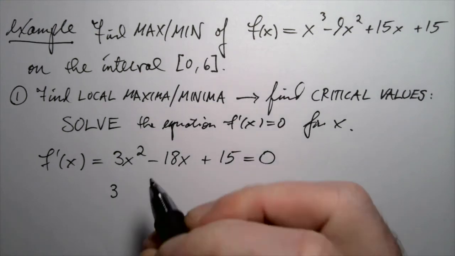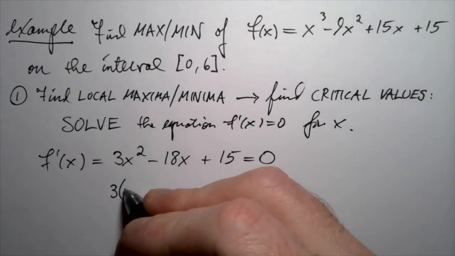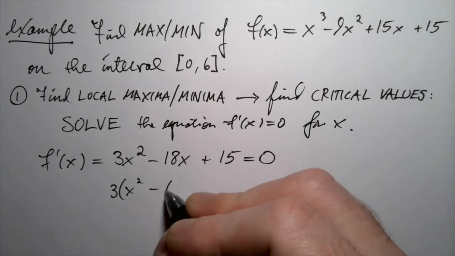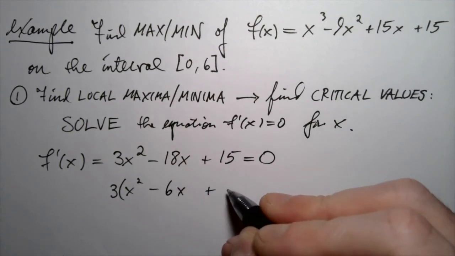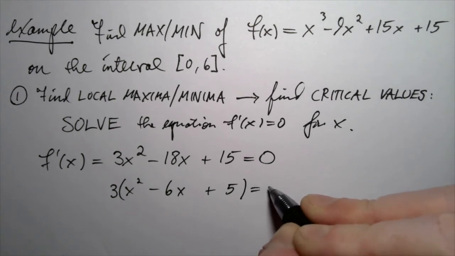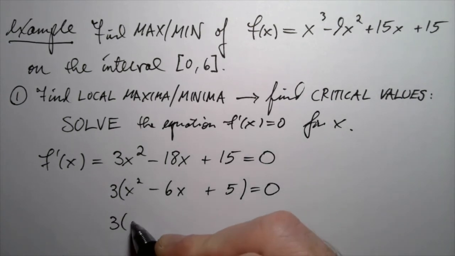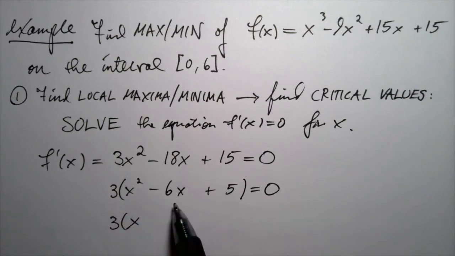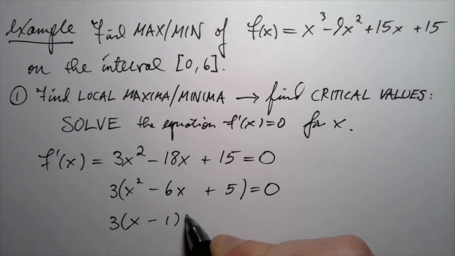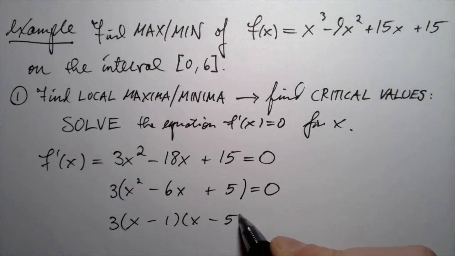Well, we could use the quadratic formula at this point to find the solutions. But we can also just do it by hand by factoring. Let's do that. So I can factor out a common factor of 3. And then x squared minus 6x plus 5 factors as x minus 1 times x minus 5, right?